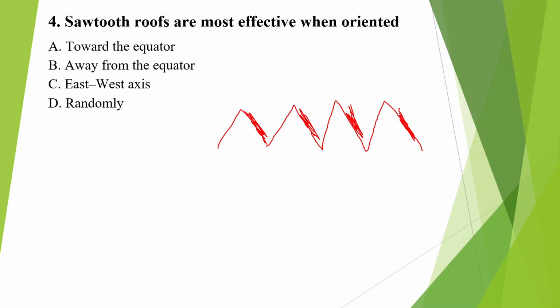Yeah, so these can be effective when you are away from the equator, or on an east-west axis, or your building is oriented towards the equator, or anywhere it is effective.